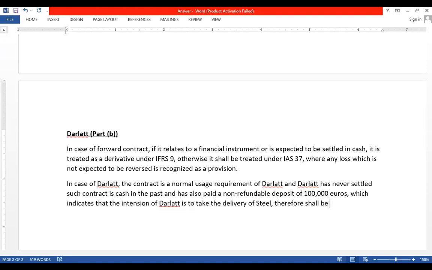Therefore, it shall not be treated as a derivative, and instead IAS 37 shall apply.